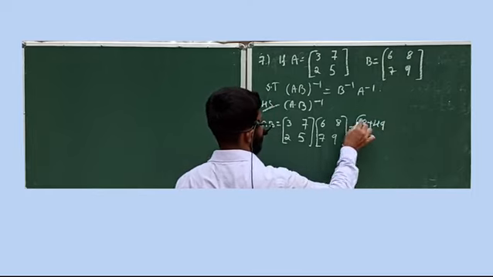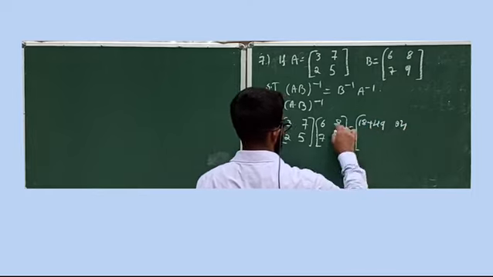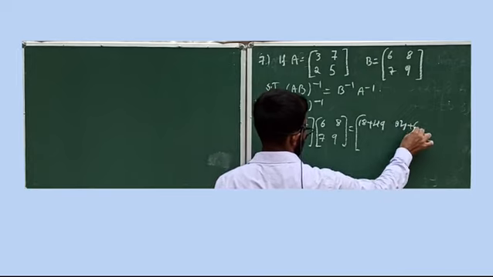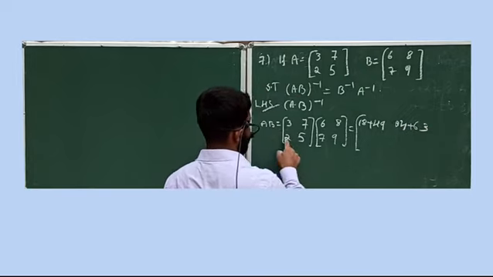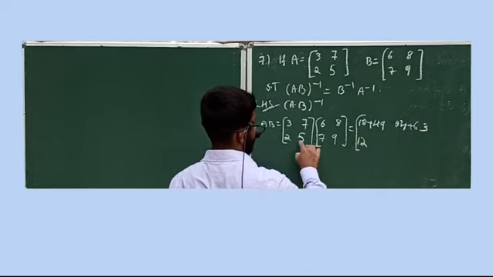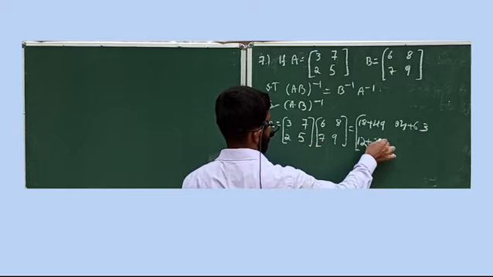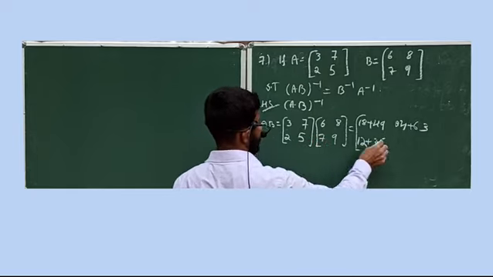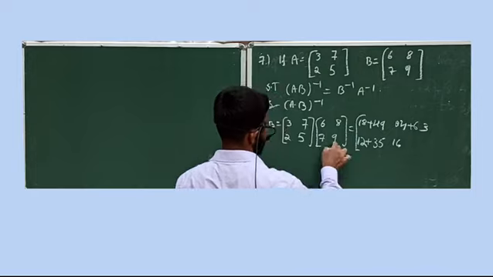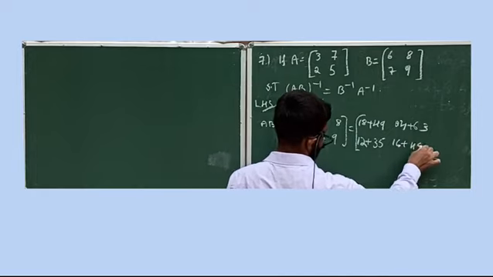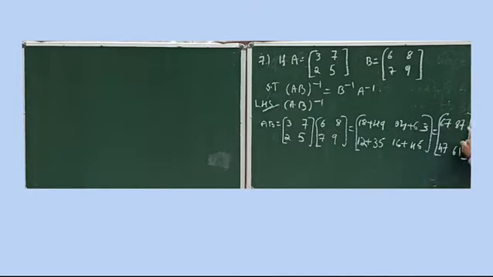Then 8 3s are 24, 7 9s are 63. Then 2 6s are 12, 5 7s are 35. Then 2 8s are 16, 5 9s are 45. Simplify: 67, 87, 47, 61.